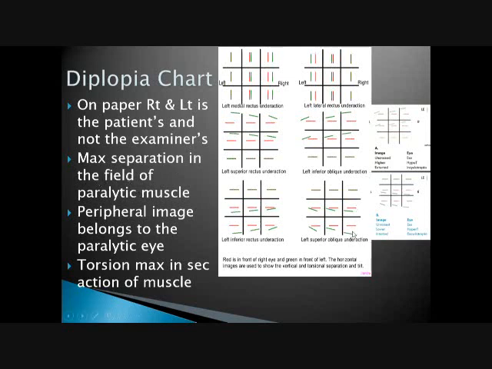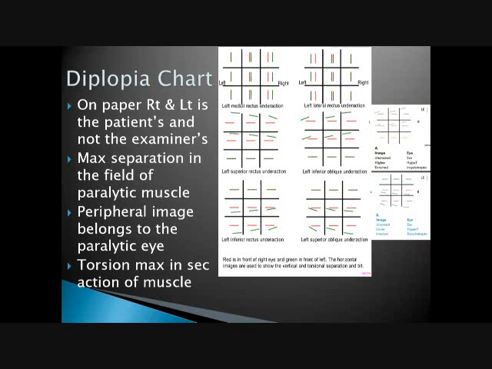Now, if you see in this direction, this is dextro depression. Now, on the lateral side, in the right eye, dextro depression is a function of the right eye. Which muscle is doing the dextro depression in the abducted position? This is the inferior rectus. And which muscle of the left eye is moving?